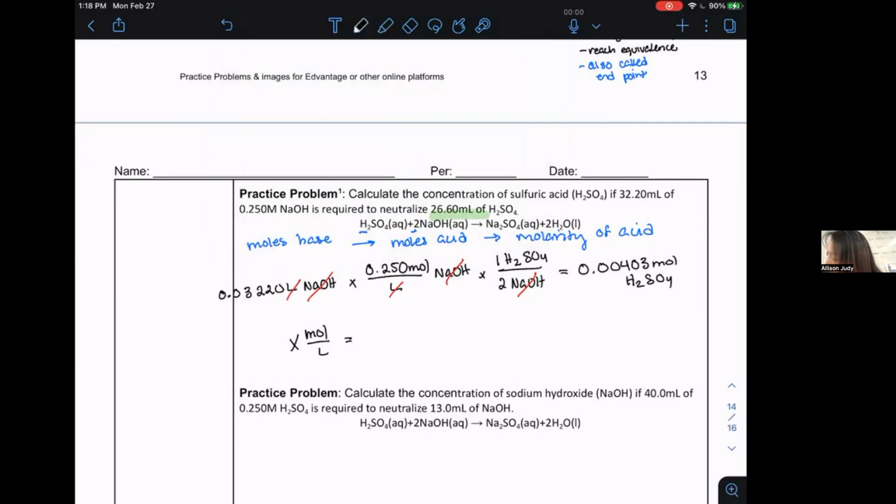So it becomes 0.00403 moles of acid for every 0.02660 liters.